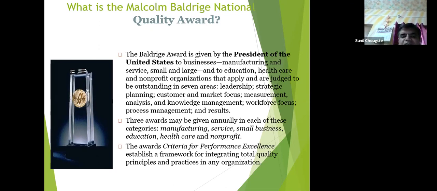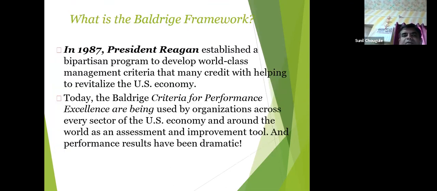If that framework is completed by any company in any of the categories, that award is given to them. It is for integrating total quality principles and practices in any organization. So what is the framework? That is what is important for us to study as a non-financial parameter for performance management.